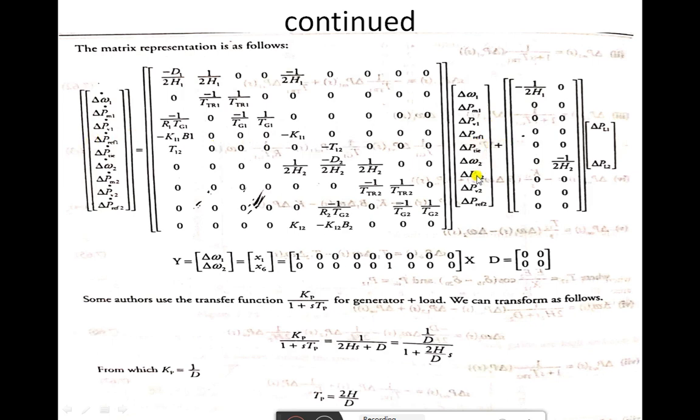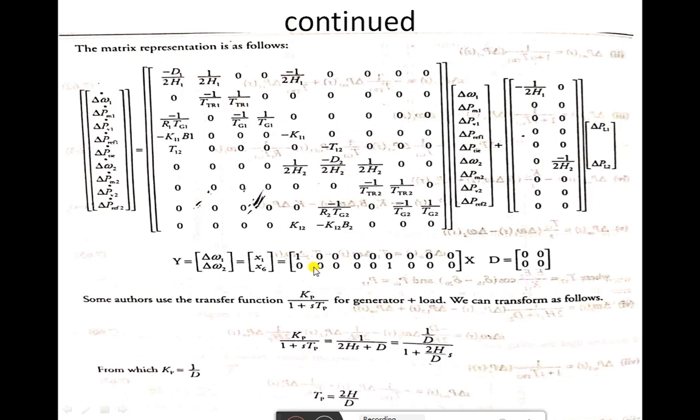Whatever we have written here, the same thing will repeat here, and this we call matrix U. So in the matrix form, we have represented the state variables for a two area interconnected system. This matrix is a 9 cross 9 matrix. It represents the state modeling for the two area system.